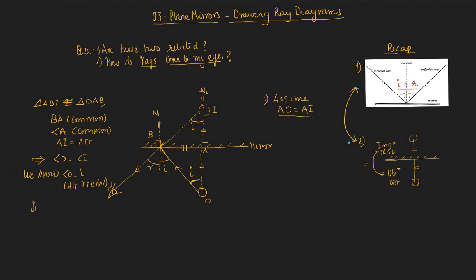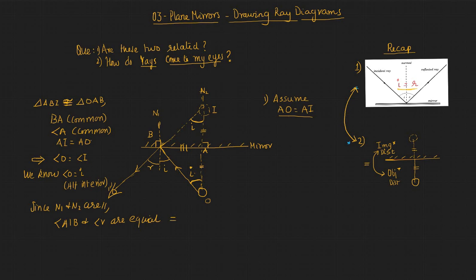So since N1 and N2 are parallel, angle AIB and angle R are equal.